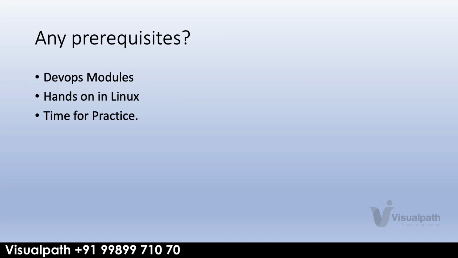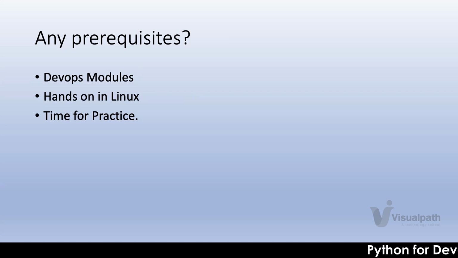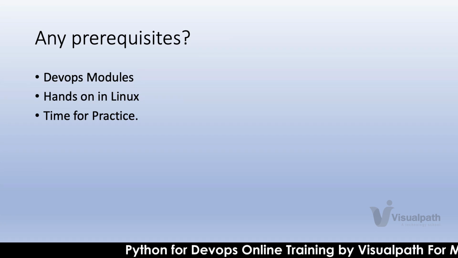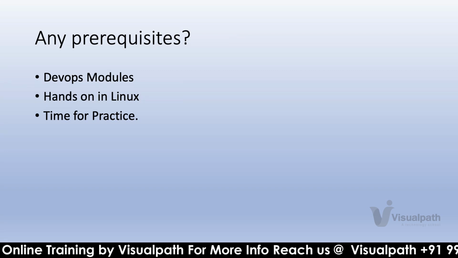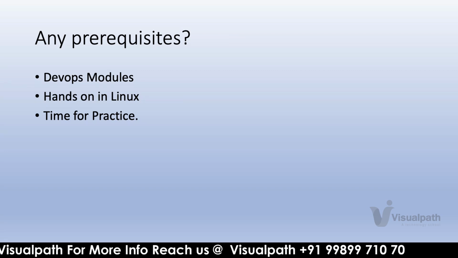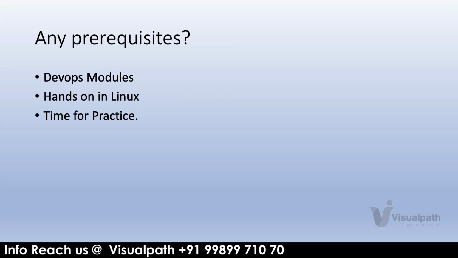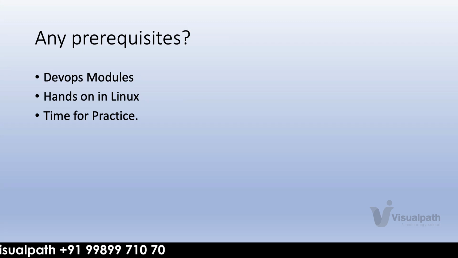Then, time for practice, this is very important. Why? Because day to day we will be writing code, and you will get bored if you are not aligned with my conceptual understanding. So you should spend some time apart from this course to understand the concepts and the code.